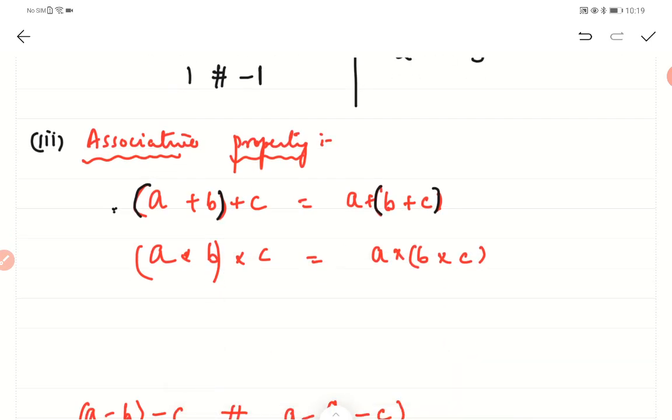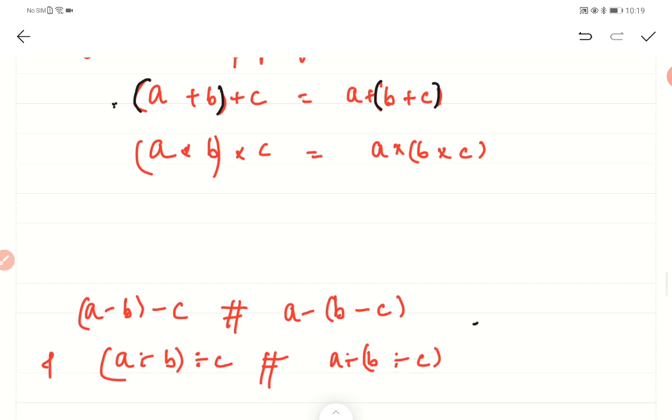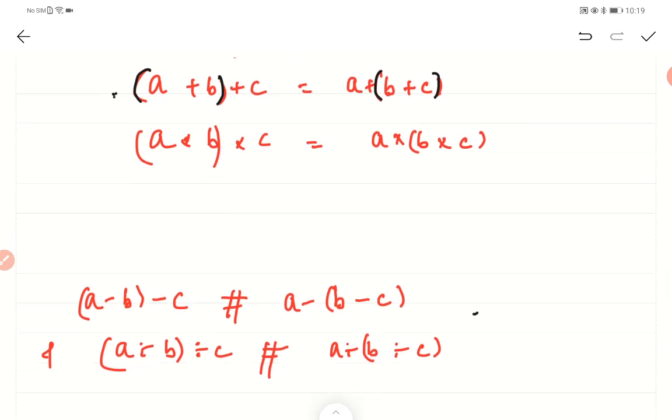Alright students, I am showing you here that a minus b minus c is not equal to a minus b minus c with the parenthesis shifted. That is, if you shift your parenthesis, obviously the value under subtraction is going to change. You want to see one example?